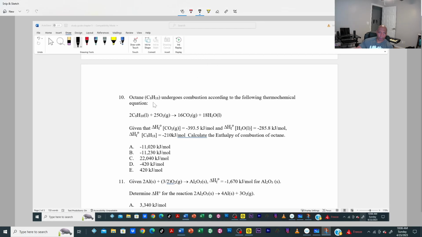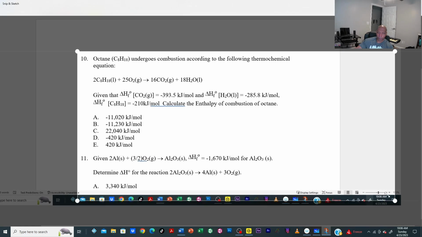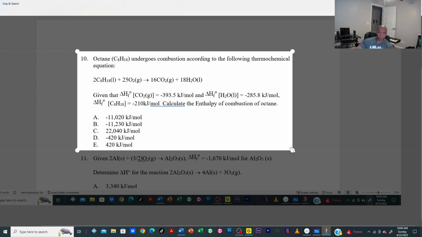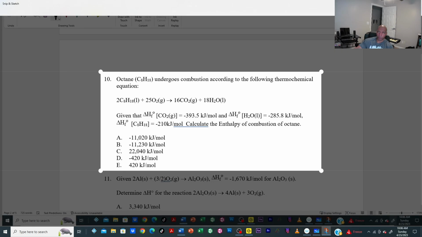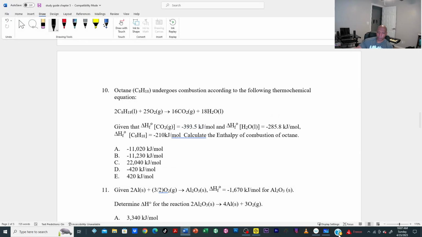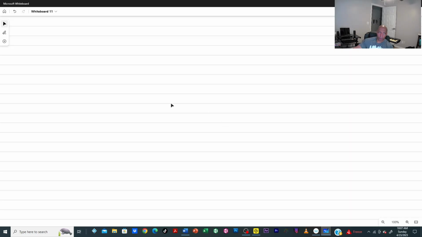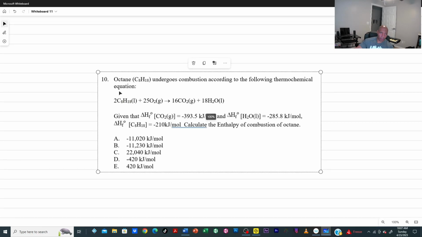Now this problem is just like the other one. I tell you what, I will set it up, and then I'll look at what the answer is supposed to be in the answer key.